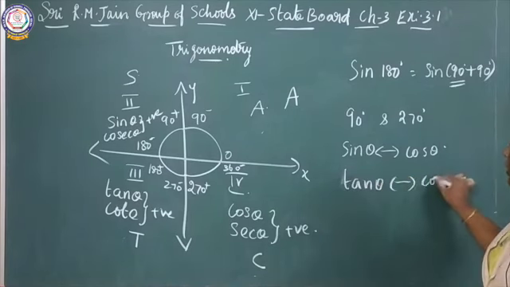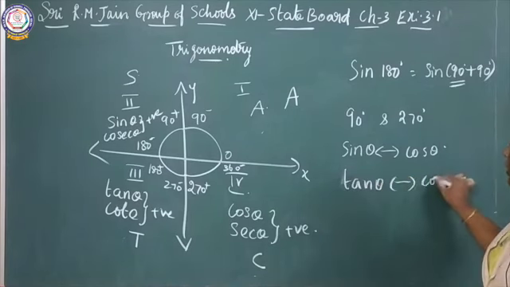I will tell you afterwards. First you will see the positive values. 328 degree. X-axis, Y-axis. It is not 360, it is 328 degree. First quadrant 0 to 90, 90 to 180, 180 to 270, 270 to 360.